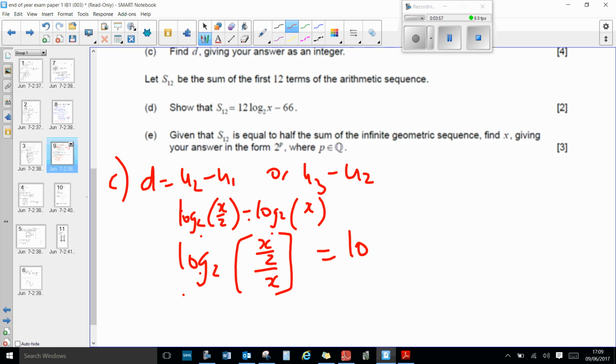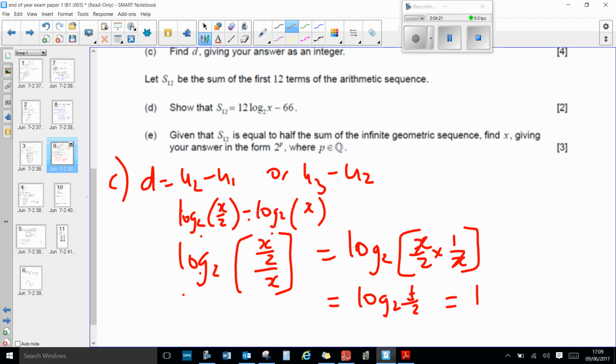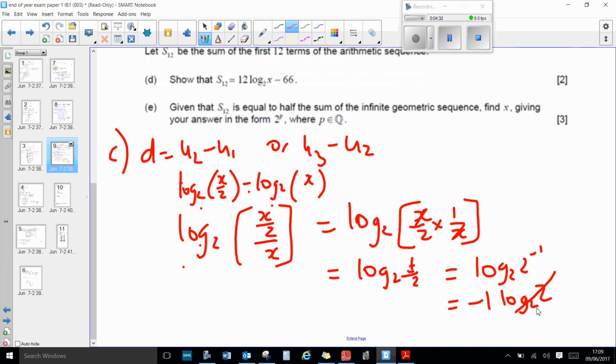So that's log base 2 of, let me show the working, x over 2 multiplied by 1 over x, which is log base 2 of 1/2, because the x's cancel. Log base 2 of 1/2 is log base 2 of 2 to the minus 1. The negative 1 goes in front, and we know that log base 2 of 2 is equal to 1, so it's just negative 1.